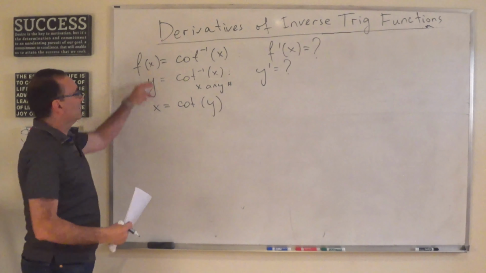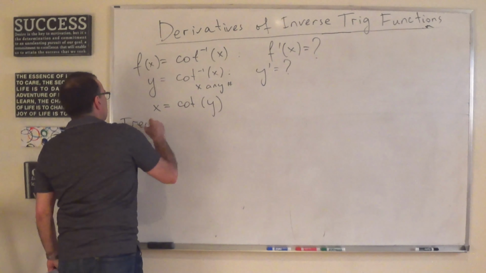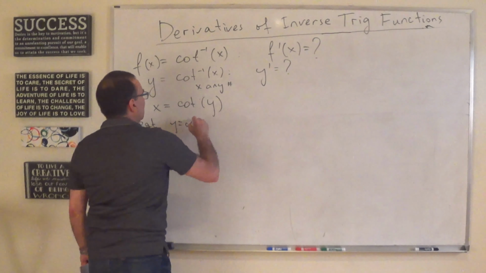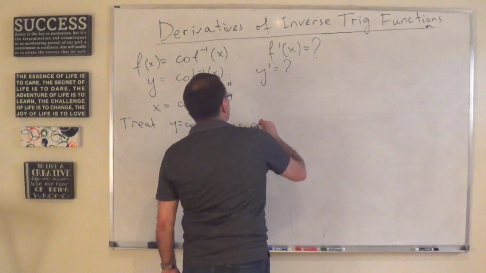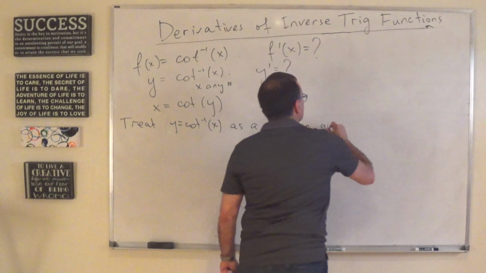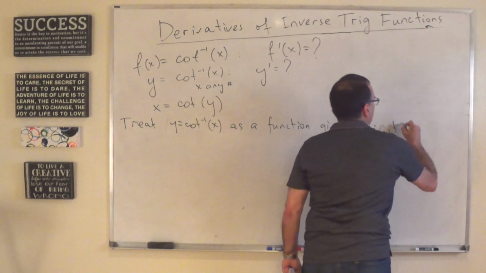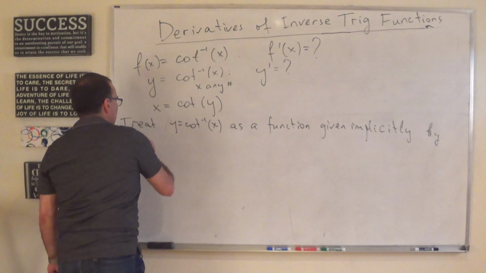And we treat the given function f of x, y equals cotangent inverse of x, as a function given implicitly by this equation, x equals cotangent y.